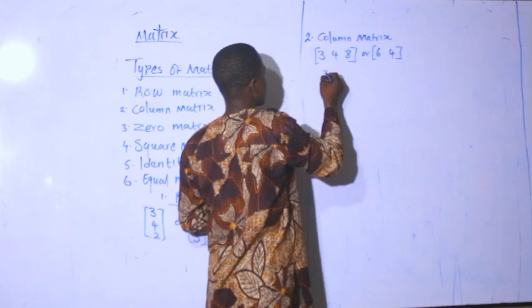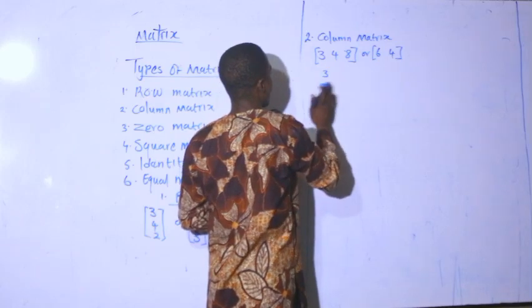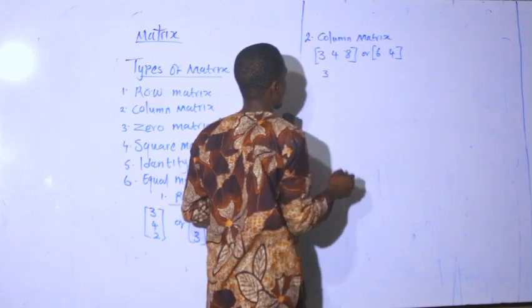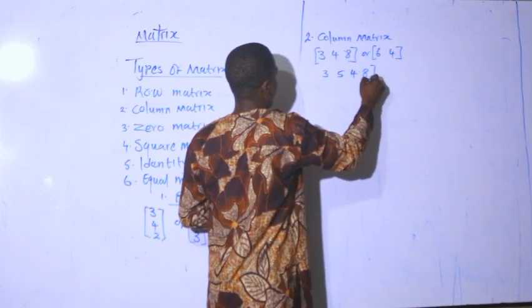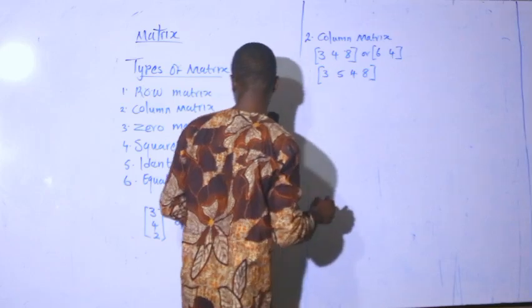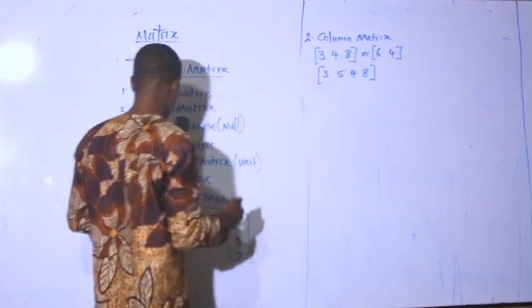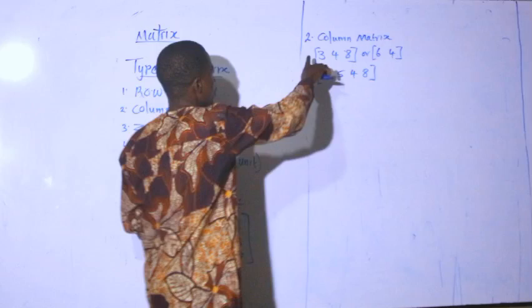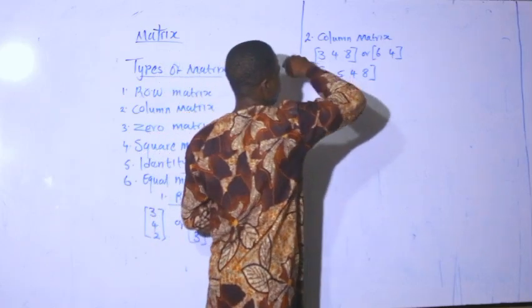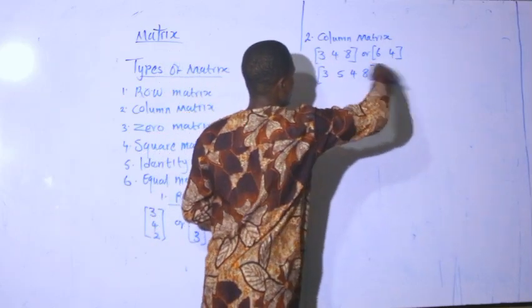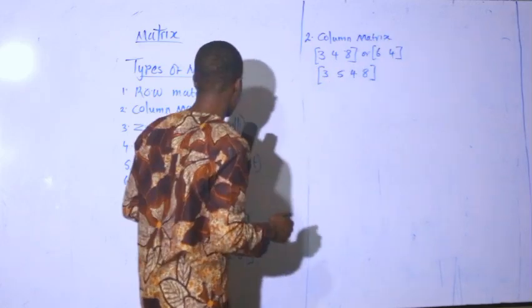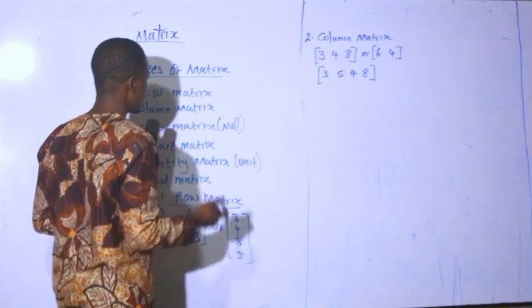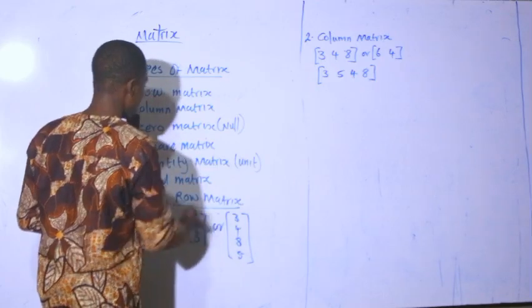Even it can be like this. All this, I can call column matrix. This is column, column, column, like this, in a column. A matrix can be like that, can be like this.